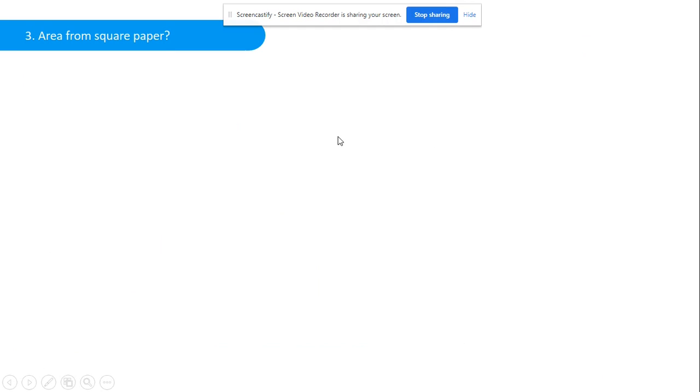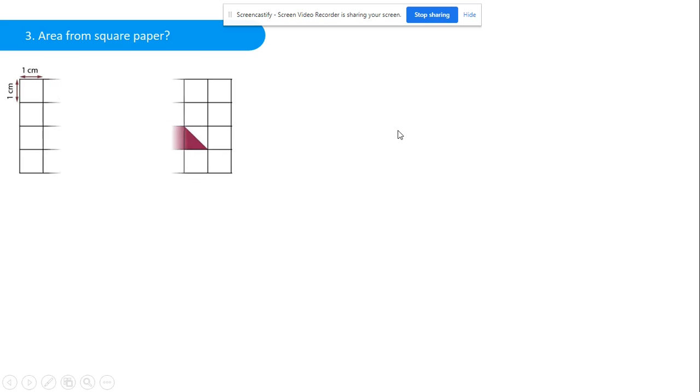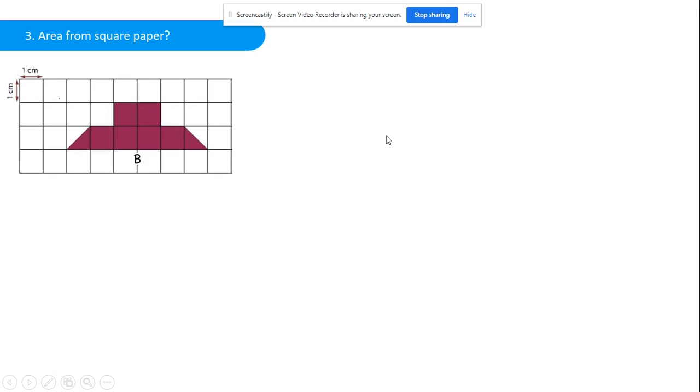Next, we want to work out how to calculate area from square paper. So this is where our shapes will be overlaid on paper that already has squares on it. So for example, we have this shape B. It has been overlaid on some 1 by 1 centimetre squares.